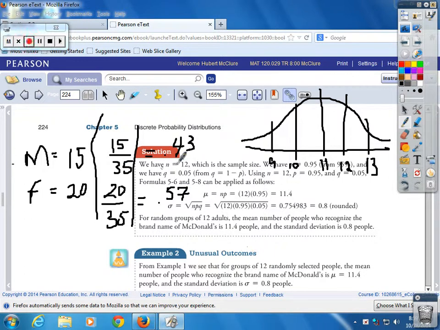Okay, now you can take this data right here, and you could say 35 is N, and 0.43 is P, and you could find the mean and standard deviation. So 0.43 times 35 is what?